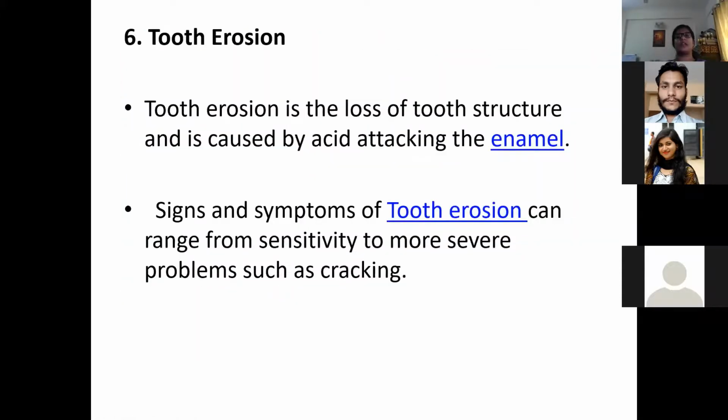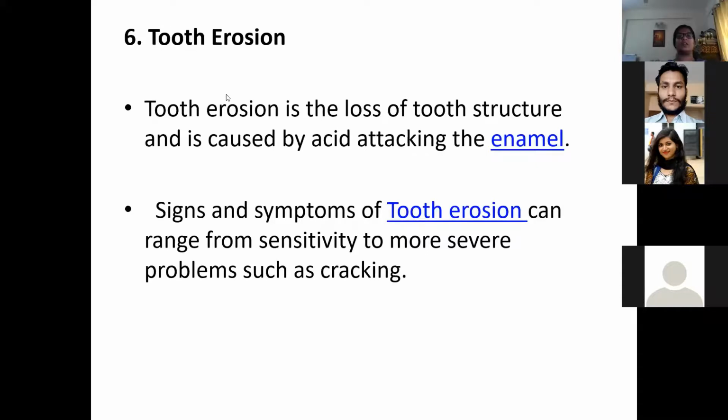Tooth erosion can lead to loss of structure of the tooth. It can be caused by acid attacking the enamel, and the different signs and symptoms of tooth erosion range from sensitivity to more severe problems such as cracking.